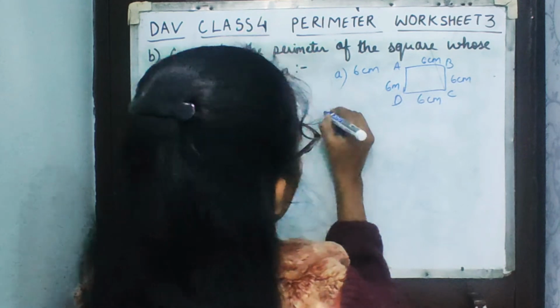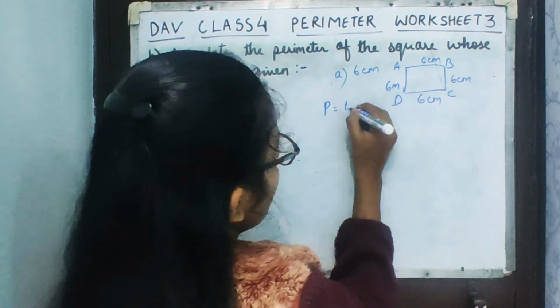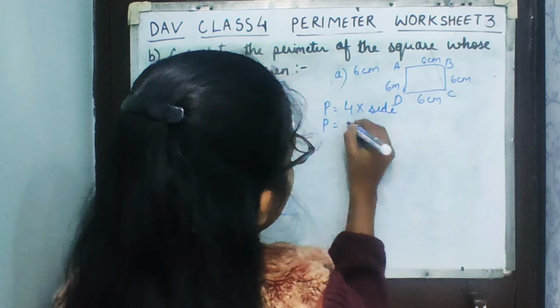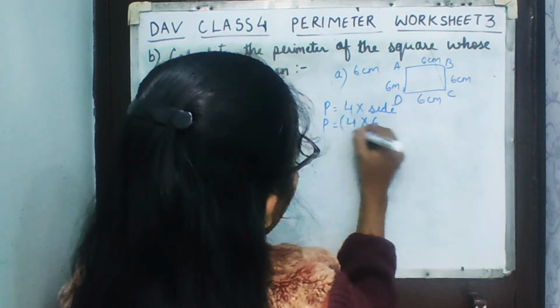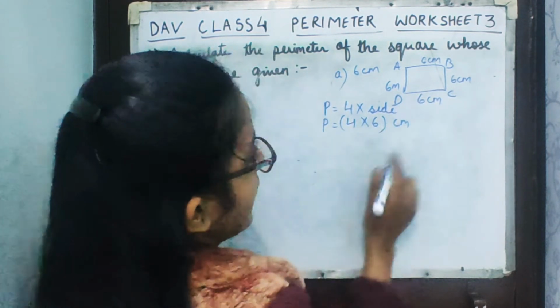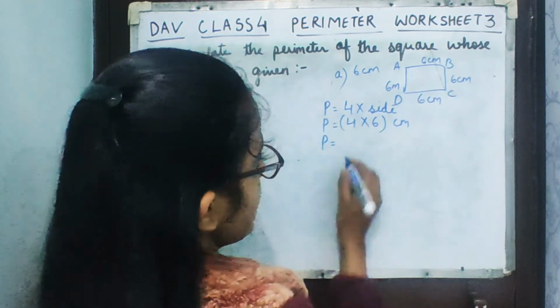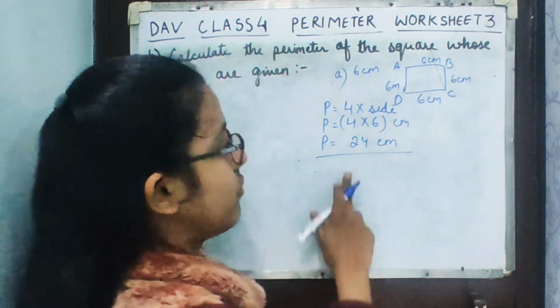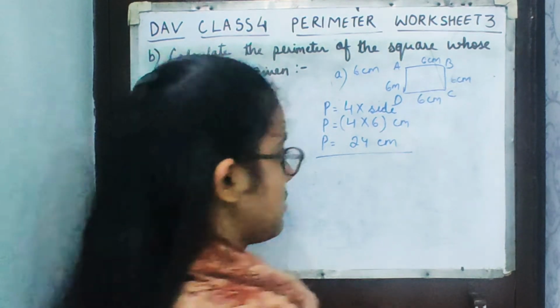The perimeter of a square is 4 into side. So perimeter is 4 into 6, and 6 fours are 24 centimeter. So our first answer is 24 centimeter.